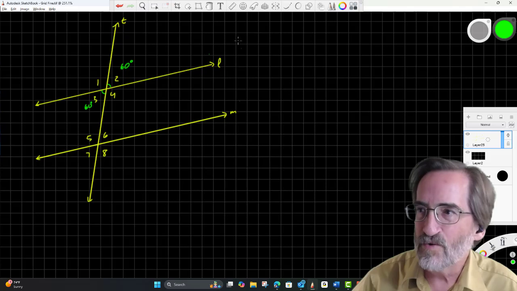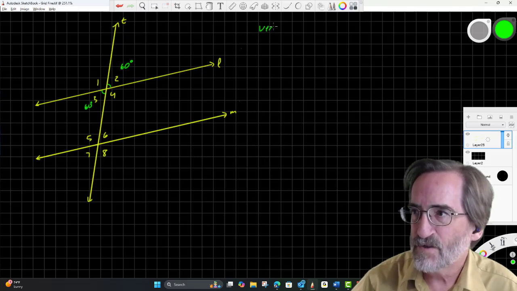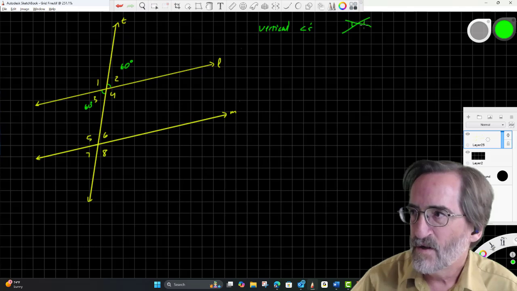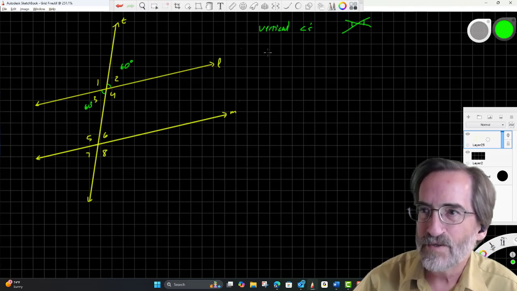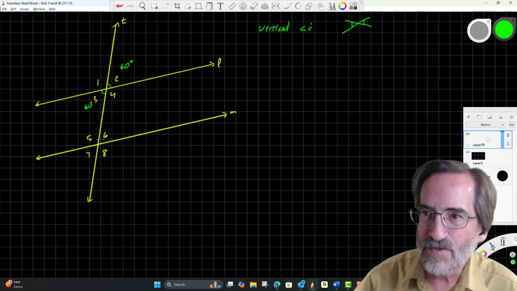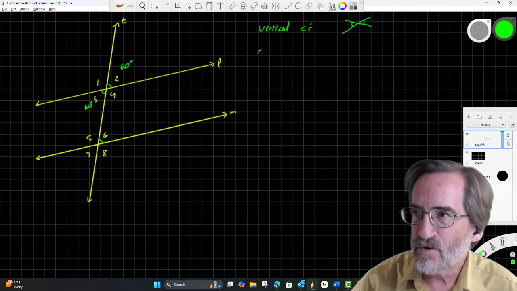And we call those two angles vertical angles. Vertical angles are formed when two lines cross, and vertical angles are congruent. You'll notice that angle 2 seems to be the same size as angle 6. Those are corresponding angles.